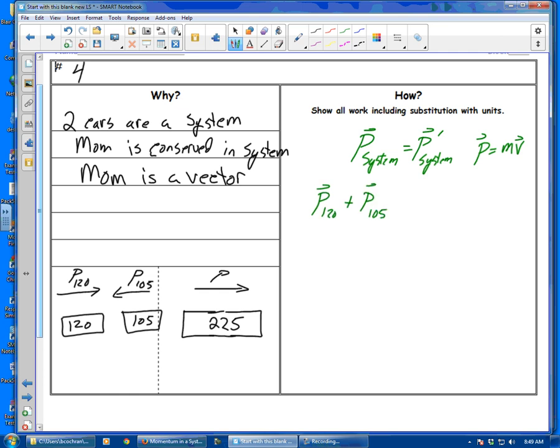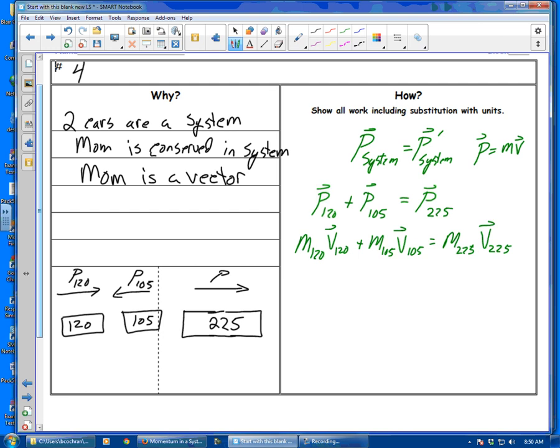They're added because they're vectors. It's the momentum of the 225. So this would be the inertia of the 120, velocity of the 120, inertia of the 105, velocity of the 105 equals inertia of the 225, velocity of the 225.